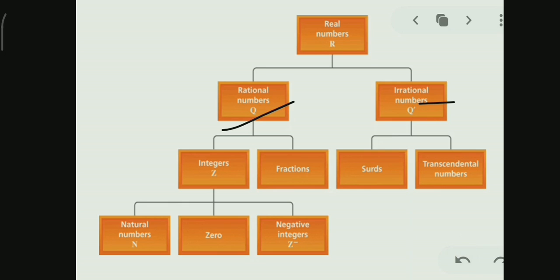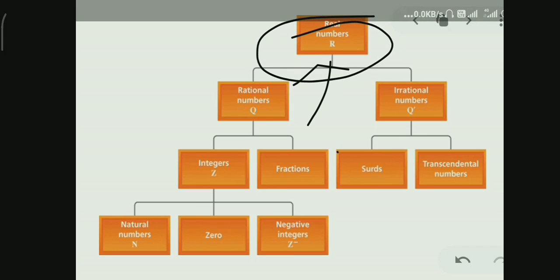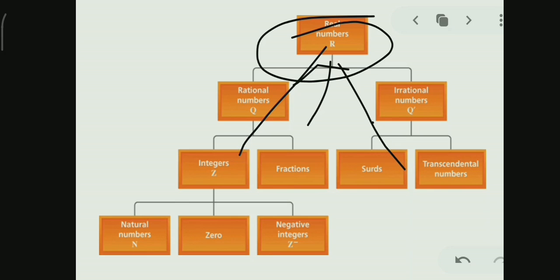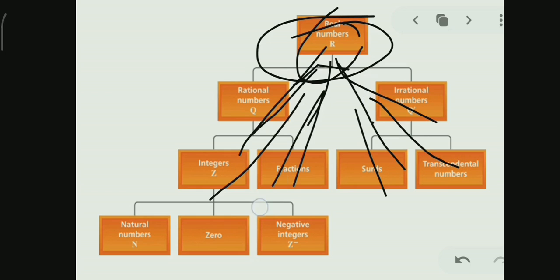Now if we include all the rational numbers as well as irrational numbers, then we come up with a number that we call real numbers, correct? Real numbers contain all these numbers: rationals, irrationals, integers, fractions, surds, transcendental numbers, zero, negative numbers, natural numbers, correct?